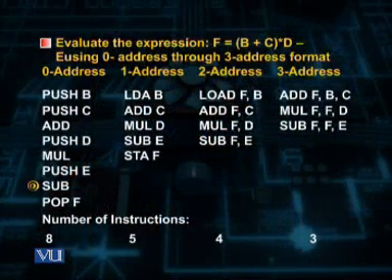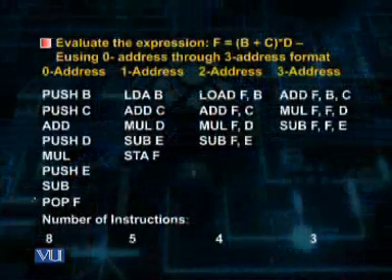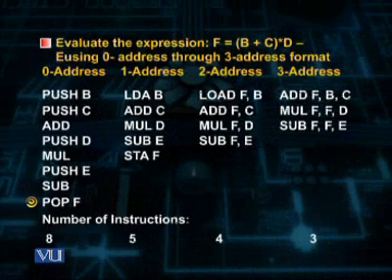Now, in order to subtract the value of e from this result, we have to push the value of e onto the second position on the stack and then issue the instruction SUB, which stands for subtract. The result of the whole expression is now available at the top of the stack, which can be placed at location f by using the pop f instruction.